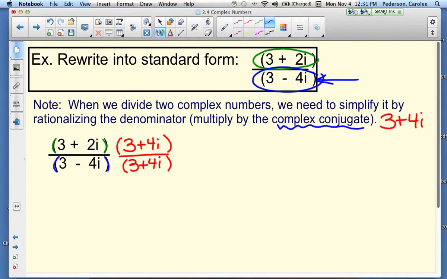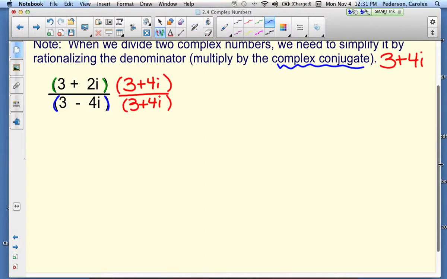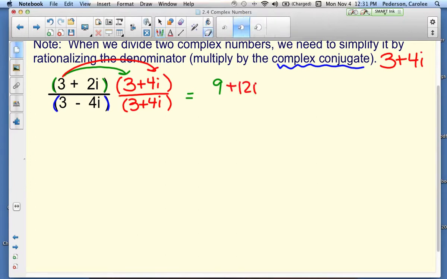All right, what we have is a fraction times a fraction. We have some FOILing to do. So we're going to FOIL the numerator. So 3 times 3 is 9. 3 times 4i is 12i. I'm going to just erase those arrows.